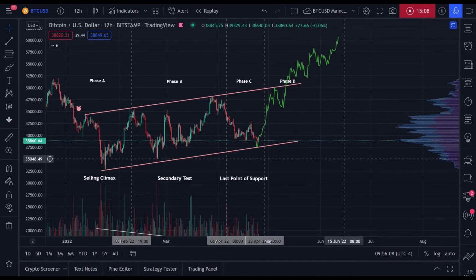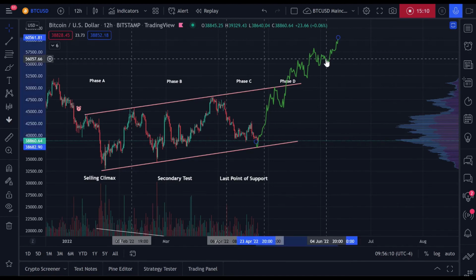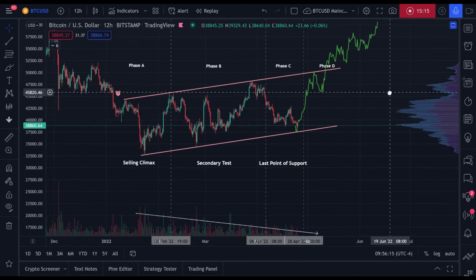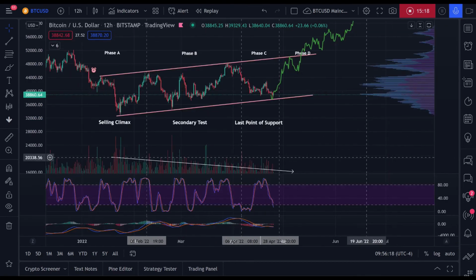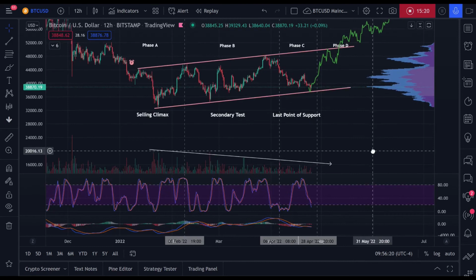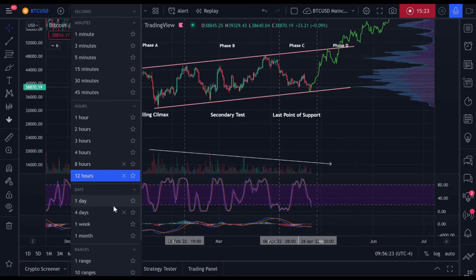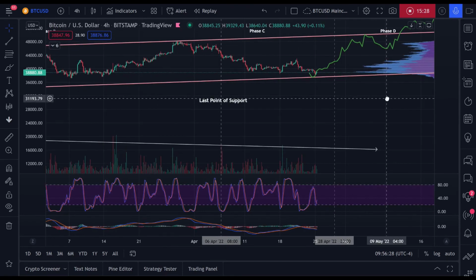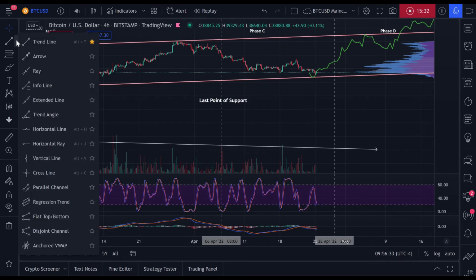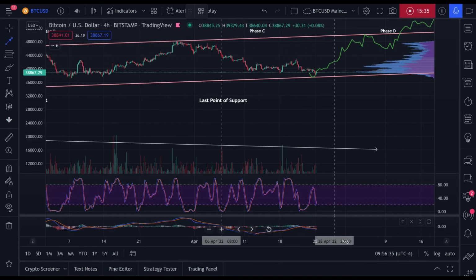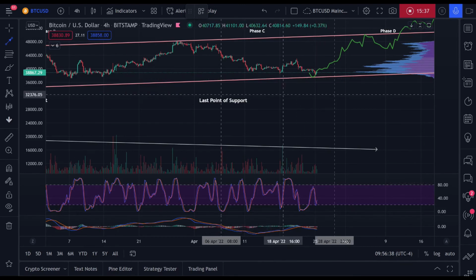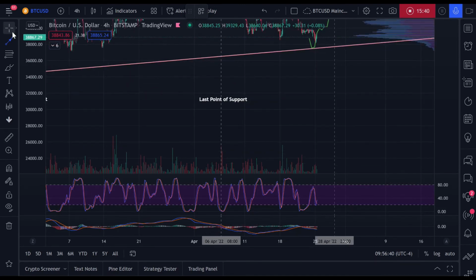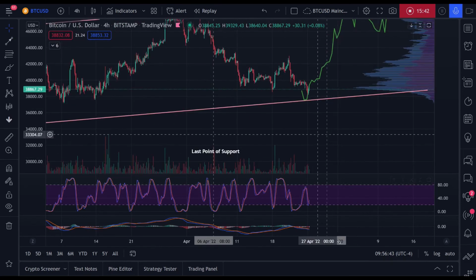So now that we've done Bitcoin and I've shown you the Wyckoff analysis, let me tell you, in terms of classical analysis and what we've been talking about ever since, why Bitcoin has confirmed reversal. We go on our 4-hourly time frame, and you'll know yesterday I was talking about bullish divergences not yet being confirmed. Well, my friends, they're confirmed. You have bullish crosses in the stochastic RSI, so this is confirmation of our bullish divergence.